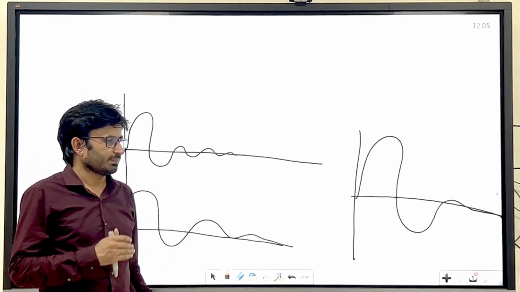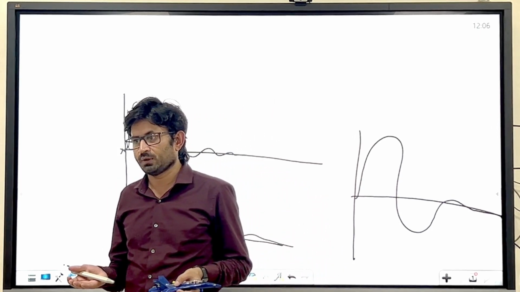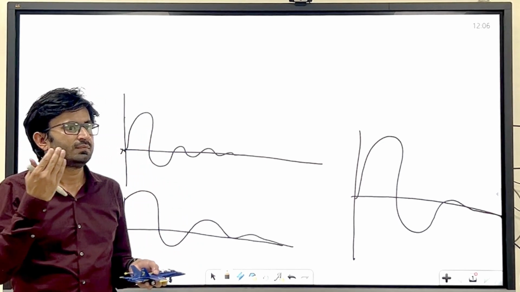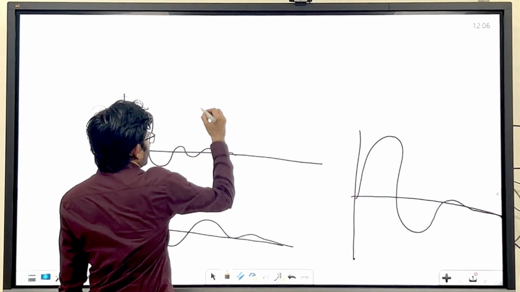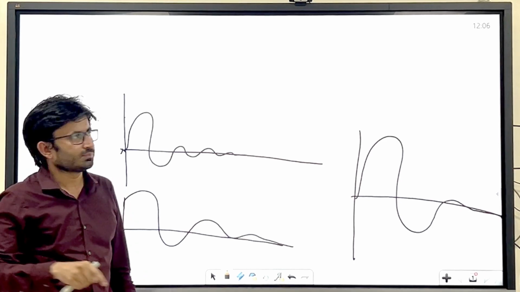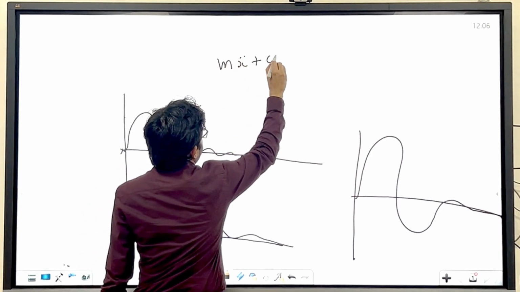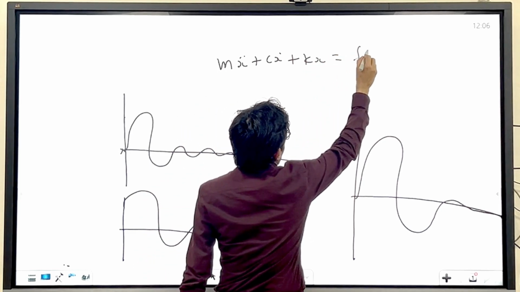Before jumping to the actual aircraft, we have considered the example of a simple pendulum; now we can consider the example of a spring mass system also, where you can represent the complete spring mass system using the second order equation m x double dot plus c x dot plus k x equals f of t.